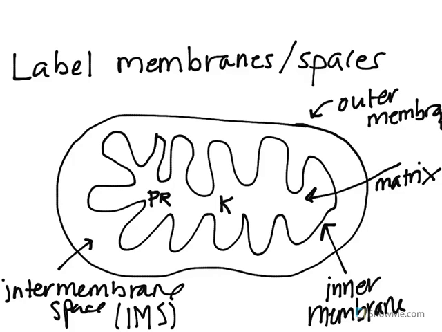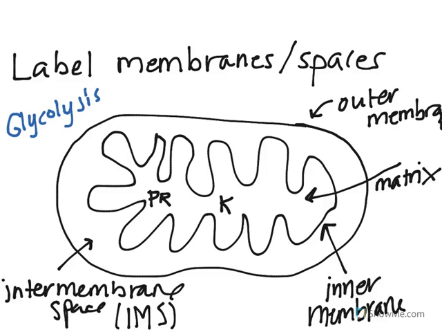The parts of cell respiration, remember we have 4 steps, just to go over where these different events are happening. Remember that we mentioned that glycolysis takes place out in the cytoplasm.